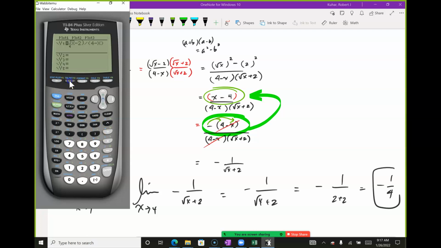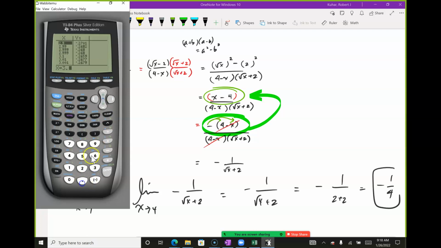I want to make sure my table set is set to ask. It's pretty good at remembering where you were last time. And then second table, right? I've got all these old values here, but I'm just going to overwrite them. So remember, where am I getting close to 4? Let me just put in 3.9, right?